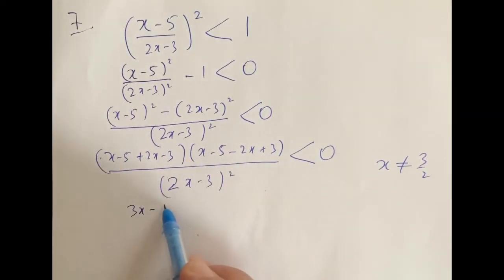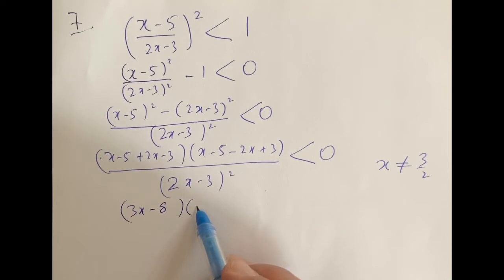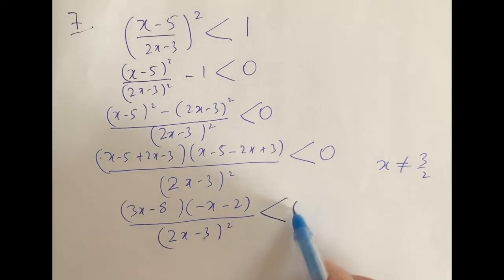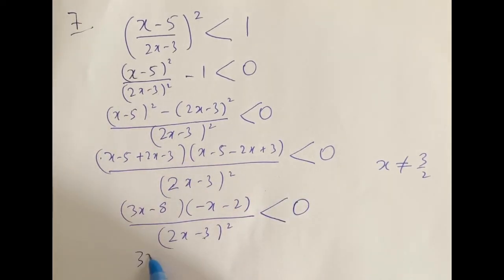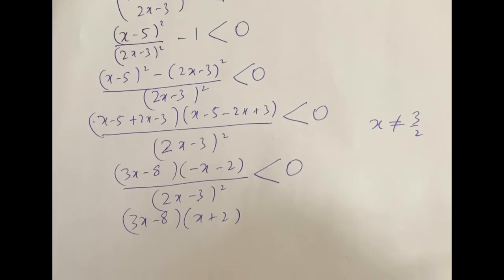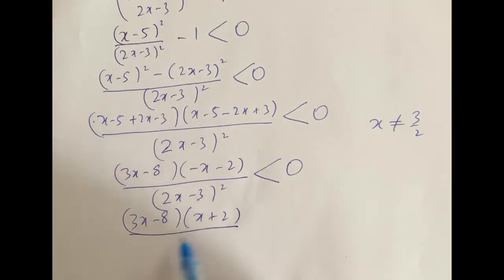This is 3x minus 8 and this is minus x minus 2 upon (2x minus 3) whole square. This is less than 0. This is (3x minus 8) into (x plus 2). Multiplying this factor by minus 1, the sign of the inequality will change. Over (2x minus 3) whole square, this is now greater than 0.